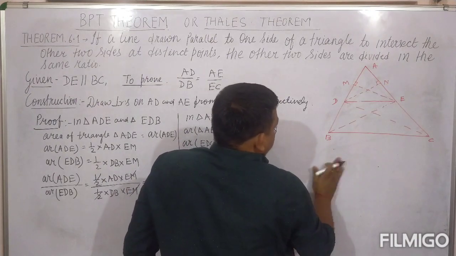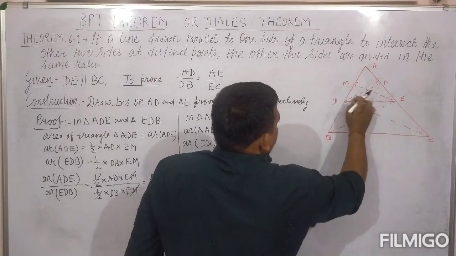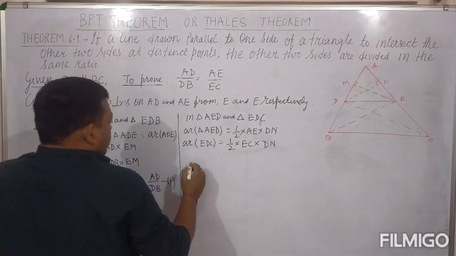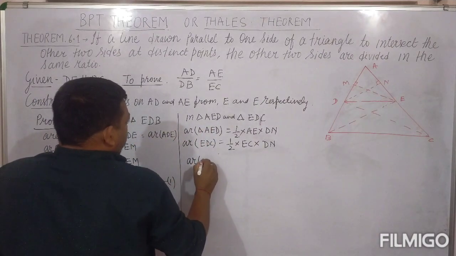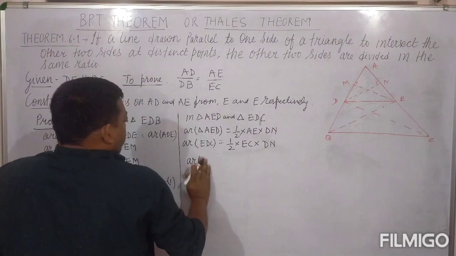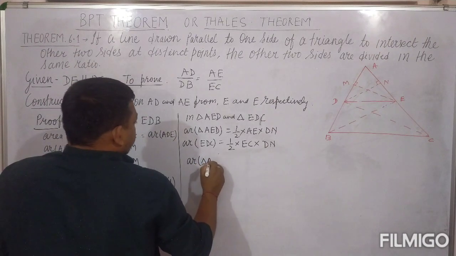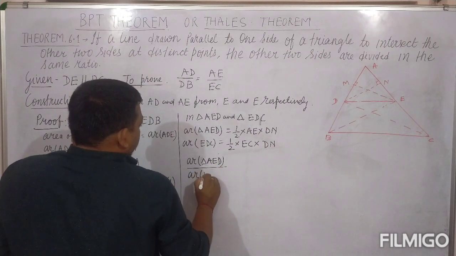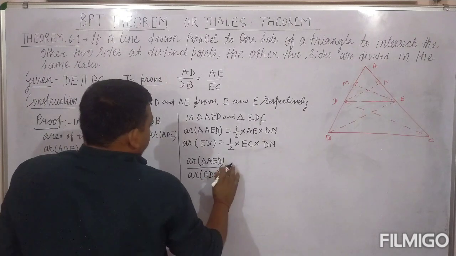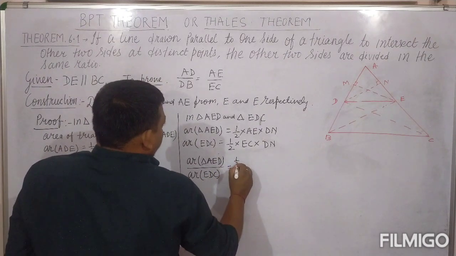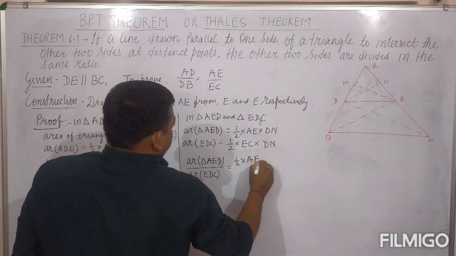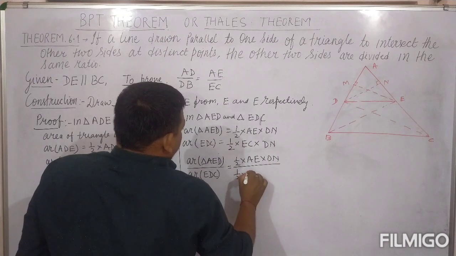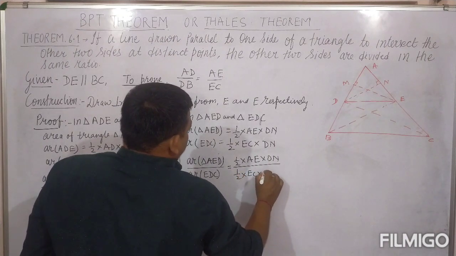Now the ratio of the areas: area of triangle AED by area of triangle EDC equals 1/2 into AE into DN by 1/2 into EC into DN.